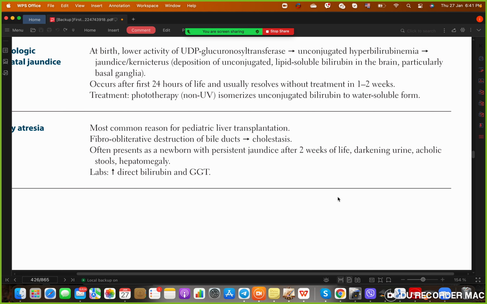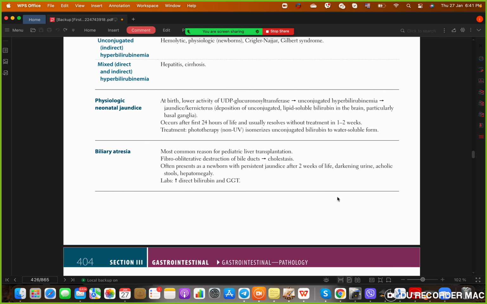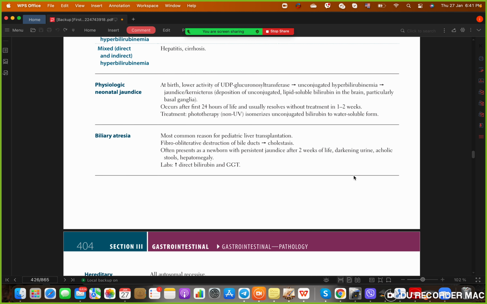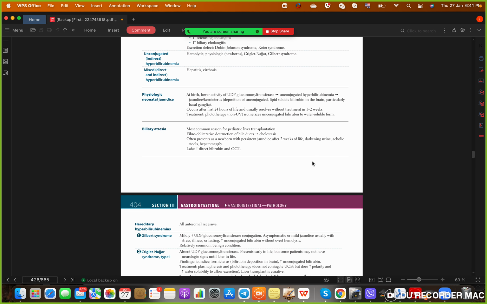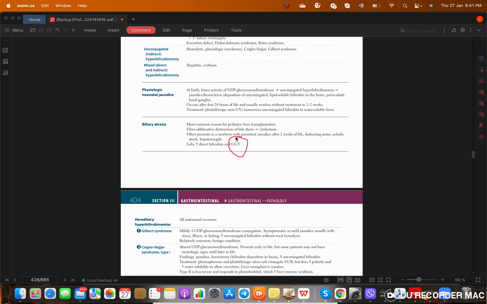Acholic stool, because there is no stercobilinogen inside of them, because the bile is not able to reach even the stool. And hepatomegaly will be present as well. Why? Because there is a backflow of bile into the liver. Also, the labs will show an increase in the direct bilirubin and GGT. Why do we use GGT as well?